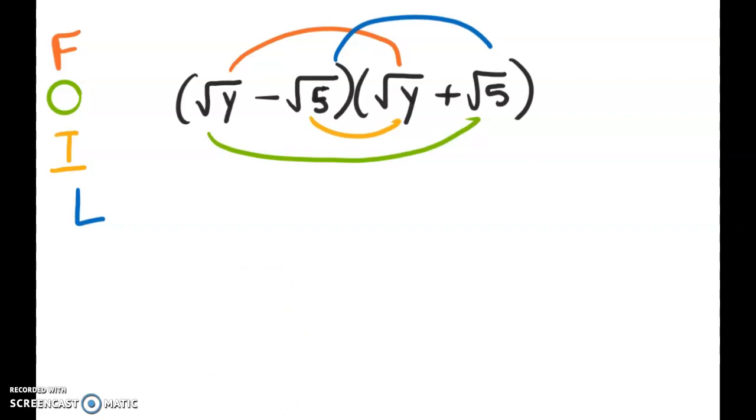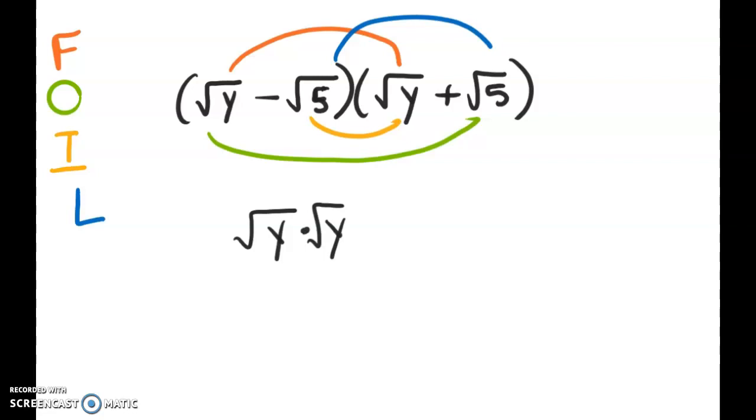So for the first terms multiplied together, I would get the square root of y times the square root of y. I'm going to write it out for you so you can see what's happening, and then we'll do the multiplication.